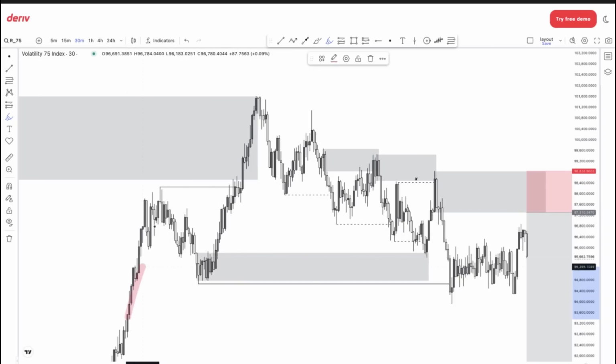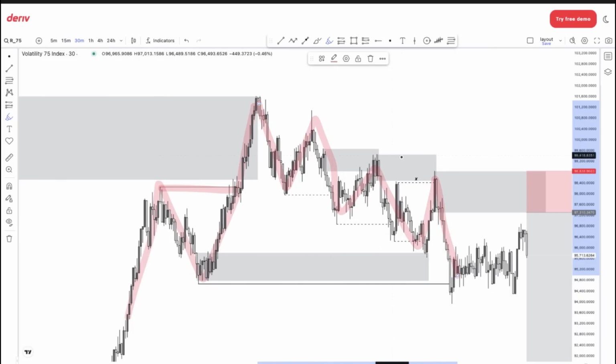So price was initially creating those nice higher highs and higher lows. So this is the most recent breakout structure around this area here. And then whenever price started tapping into the 4-hour time frame order block, we started creating some nice lower lows, internal lower lows and lower highs around these areas here.